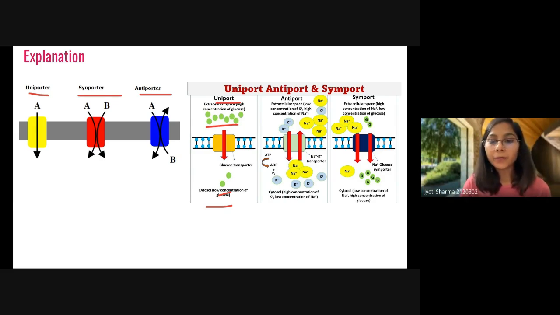Then antiport: if something is coming in, something has to go out. This is what is known as antiport. And symport: two molecules can come inside together, and this is the symport. So this is how we can classify the three classes.